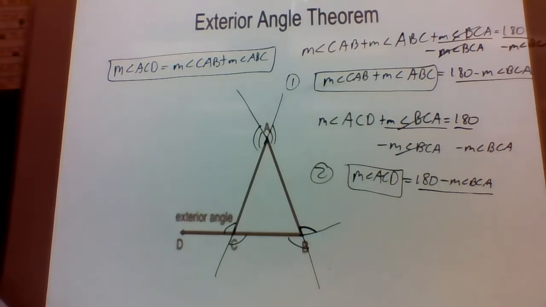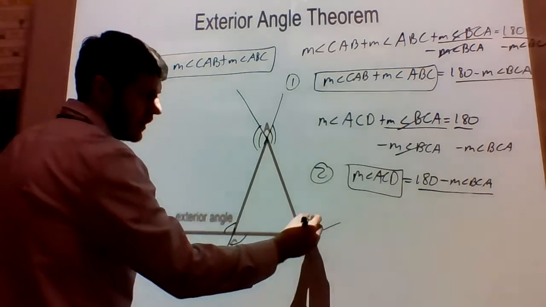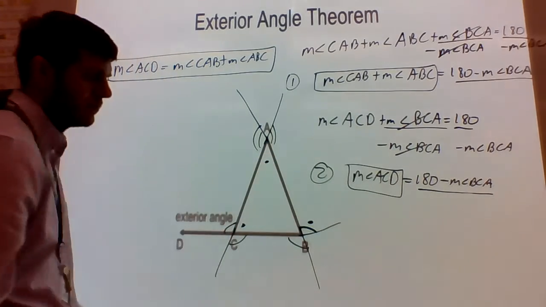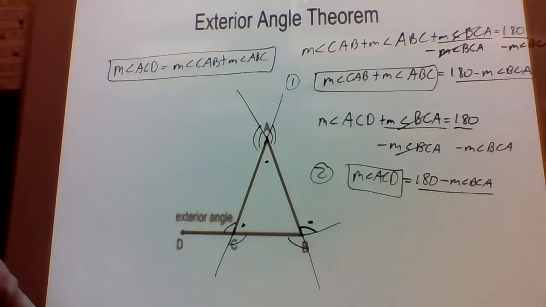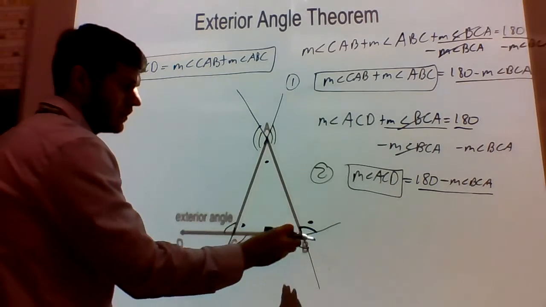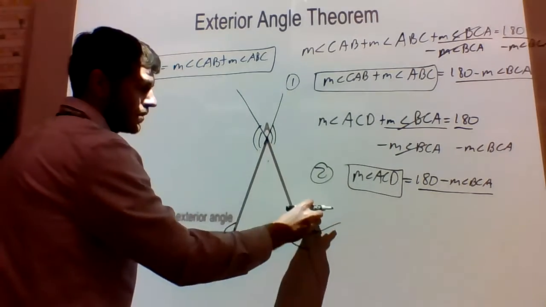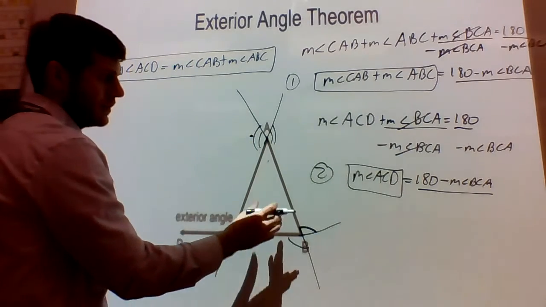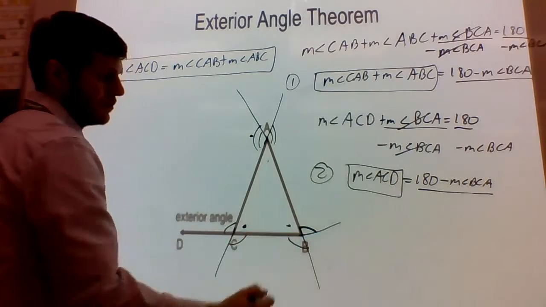Each exterior angle's measure is going to be equal to the measure of the 2 opposite interior angles added together. So if this was our exterior angle, we would have to add these 2 interior angles together, the measure of those angles, to get the exterior angle. If we were trying to add this one together, the 2 opposite interior angles would be these 2.